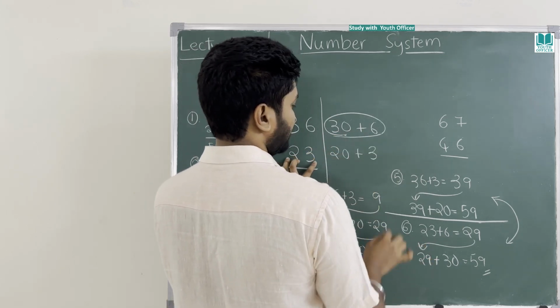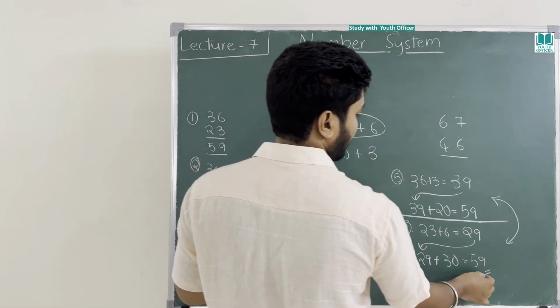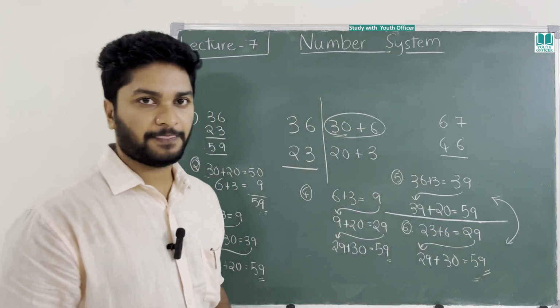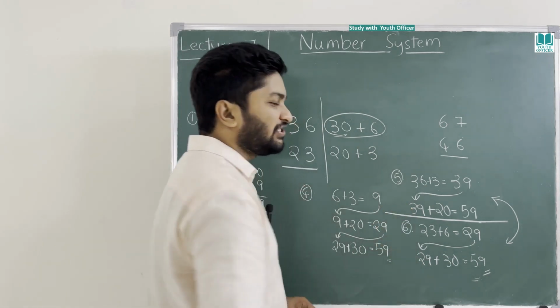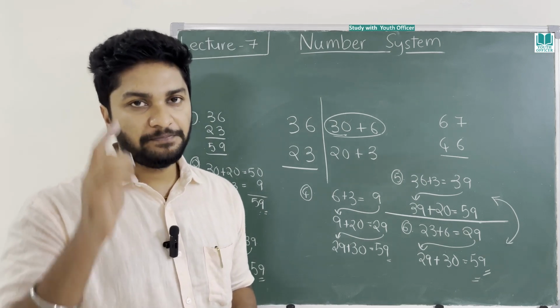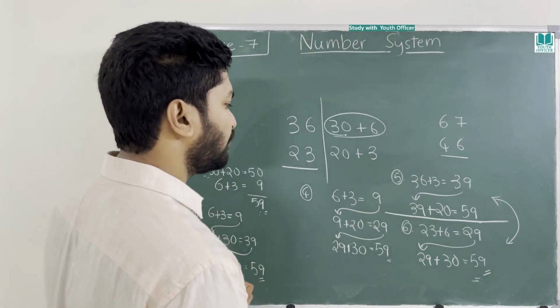That is 23 plus 6, 29, then you added 30 here, and you got 59. So among these two processes, which one should you follow for brain calculations? Which one do you follow?